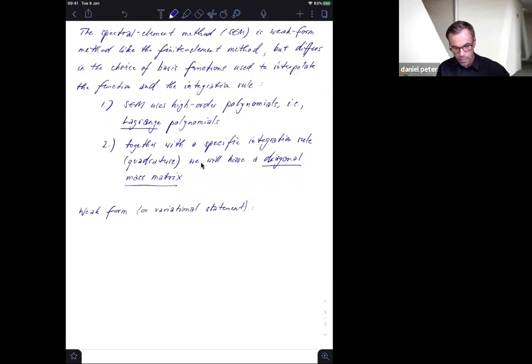So let's look into our example, the 1D heat equation. Let me just write it. Here we would have Cv, then the time derivative of the temperature is equal to the derivatives of the conductivity times the derivative of the temperature.